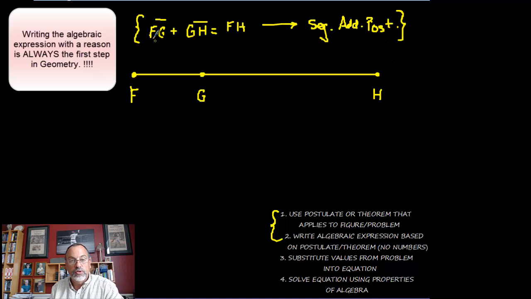So you need to be able to write the expression and give a reason. And this reason over here will always be a theorem, a postulate, or a definition that we have been working on or have worked on in previous lessons that allow me to write a mathematical expression because of that reason. That's geometry in a nutshell.